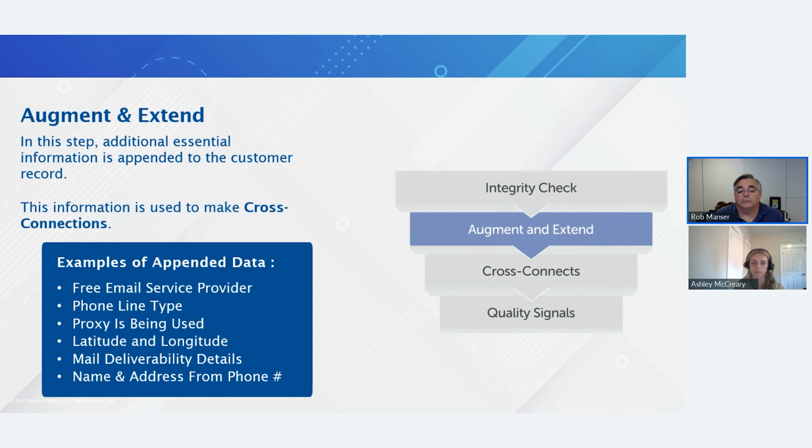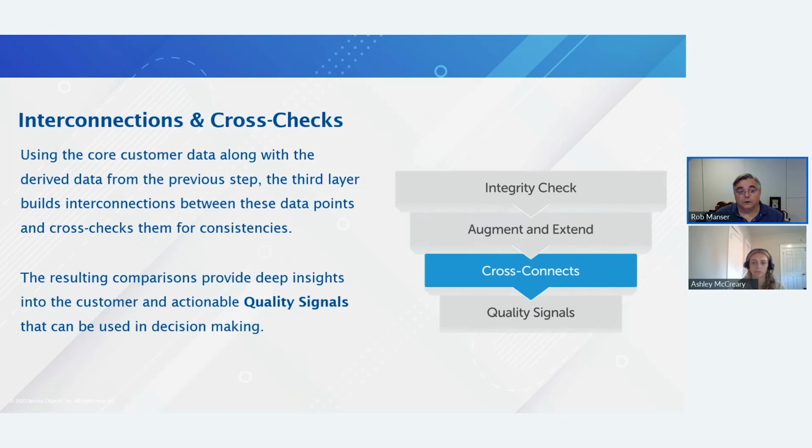Or simply put, if you have a phone number, you can derive the name and address, and that information can be used, A, to know their name and address, but B, to cross-validate going into the next level here. Those information points can be used to create these interconnections.